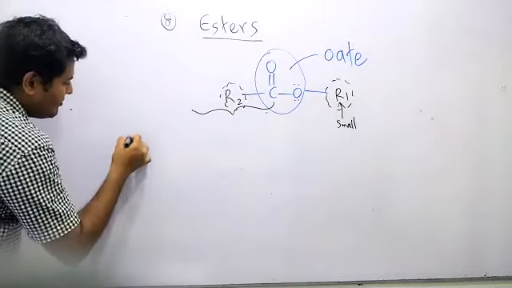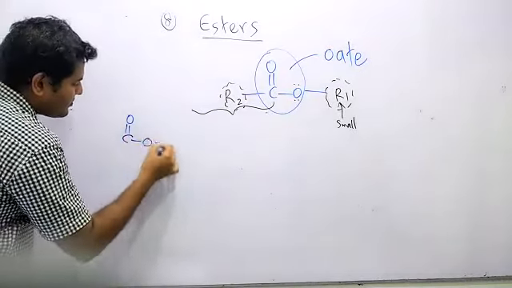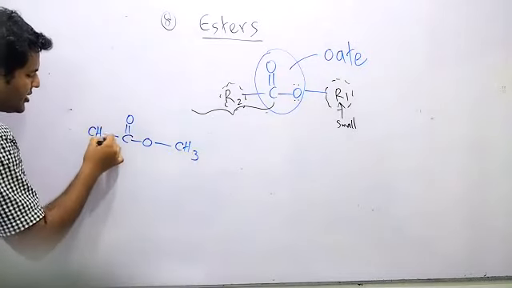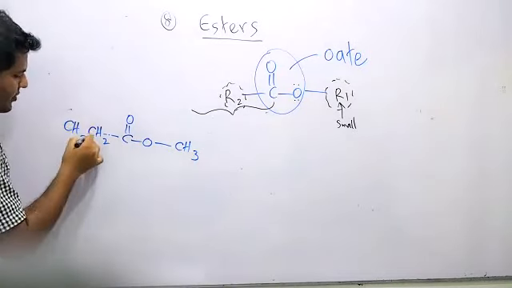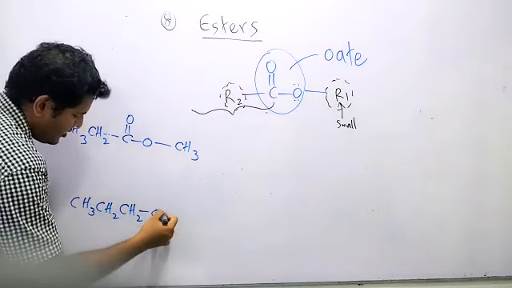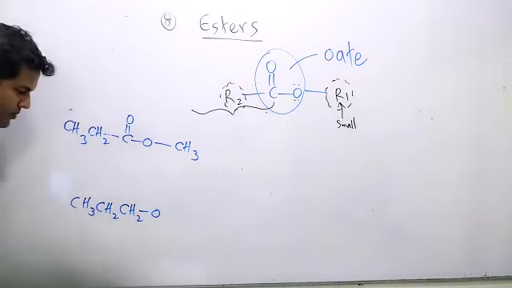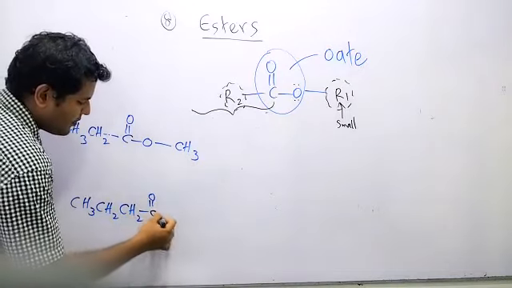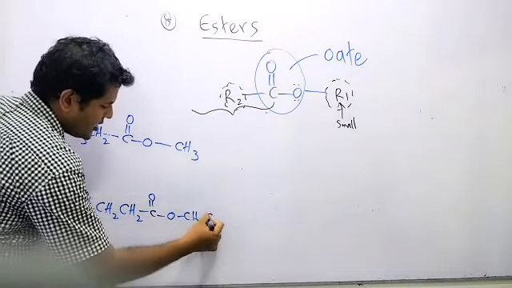Now in this one, COO, we have CH3 and CH2, CH3. CH3, CH2, CH2. CO, O, CH2, CH3.